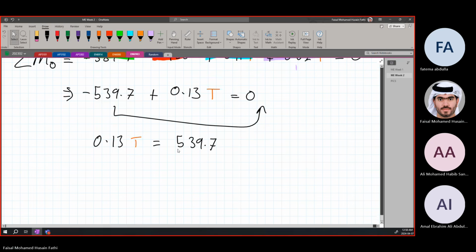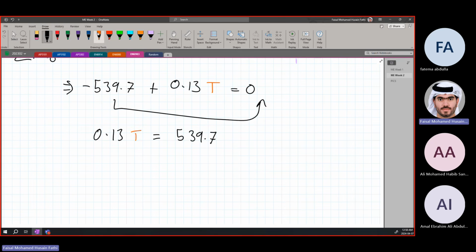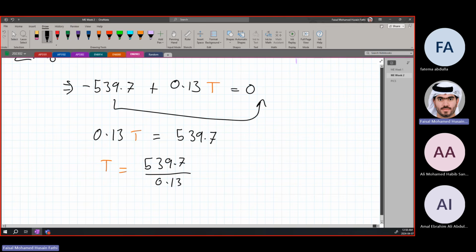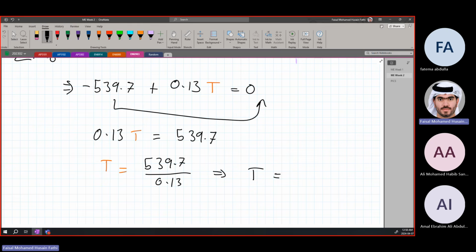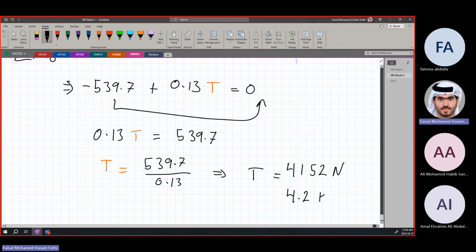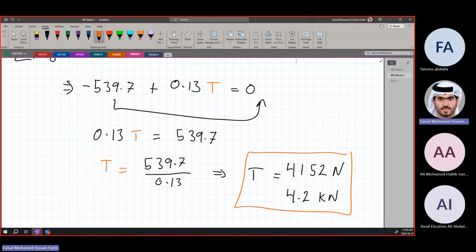And so T is simply going to be equal to 539.7 divided by 0.13. Therefore, T is approximately 4,152 newtons, or we can say 4.2 kilonewtons, and this is your final answer for T.